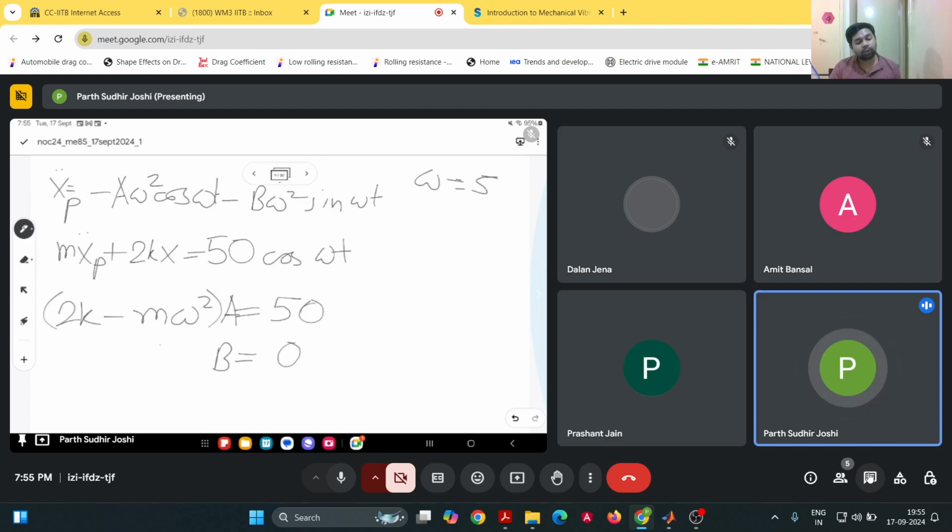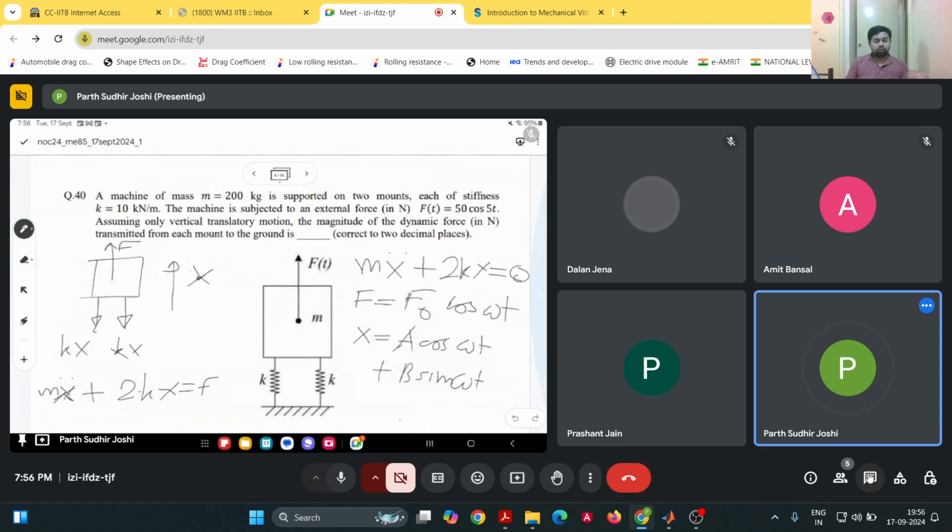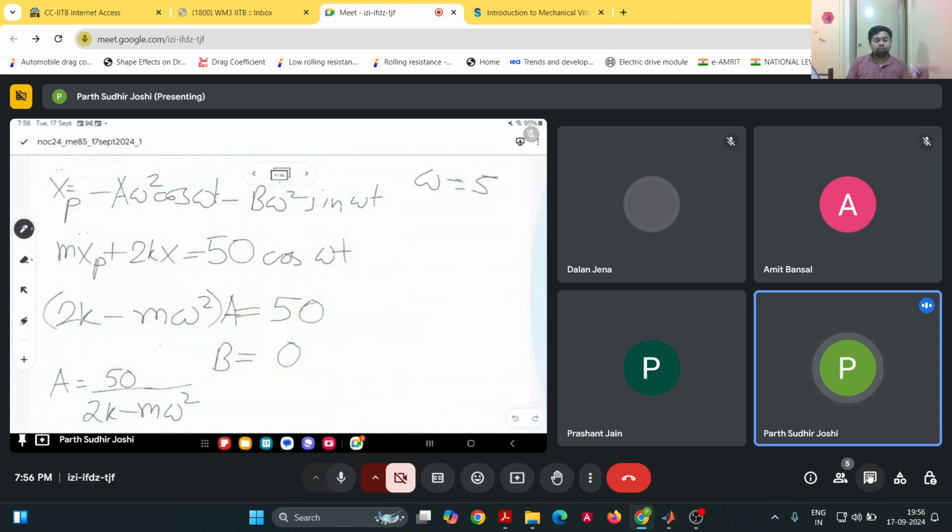And then we can find out the coefficient of a, which is 50 upon 2k minus m omega square. B is 0, so we found the particular solution. Omega is already known, k is also known, and m is also known, so we basically know a.